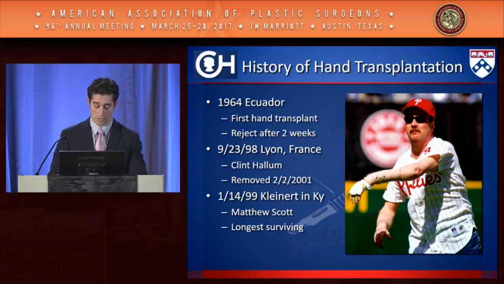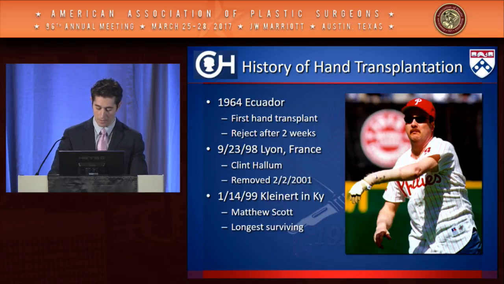The first long-term transplant, which is still surviving, was done 17 years ago at the Kleinert Institute by Dr. Breidenbach and his team. In contrast to the previous cases I mentioned, they had performed several years of basic science research and feasibility studies in order to ensure success.